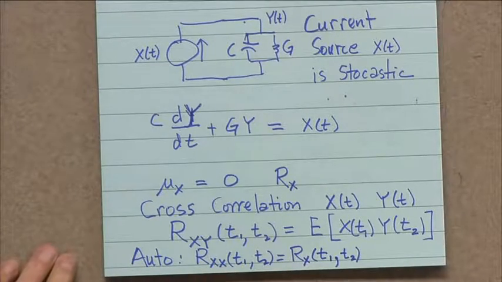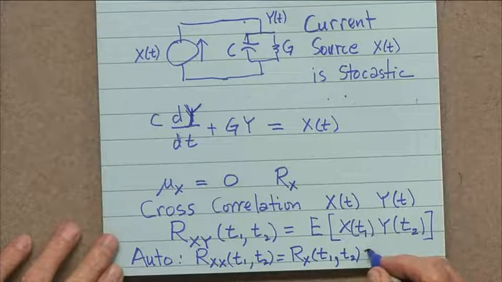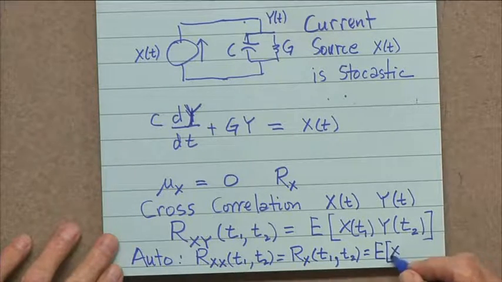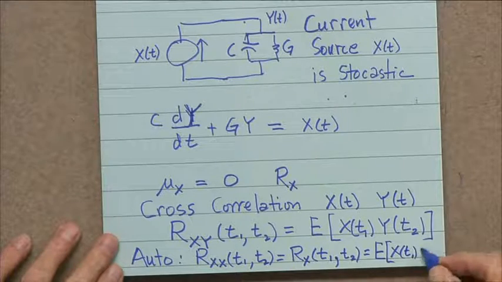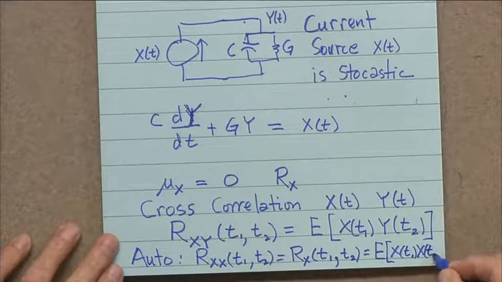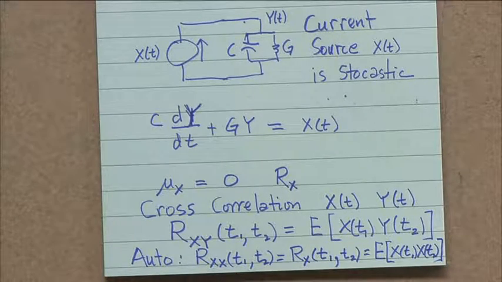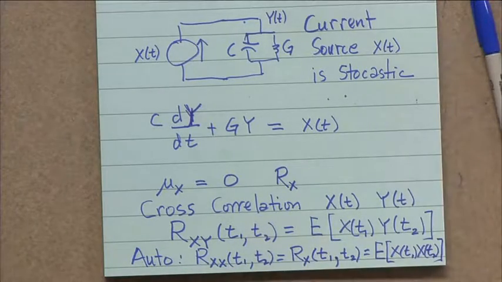But you can use double subscripts or single. It's the expected value of X at T1 times X at T2. So that gives the cross correlation.